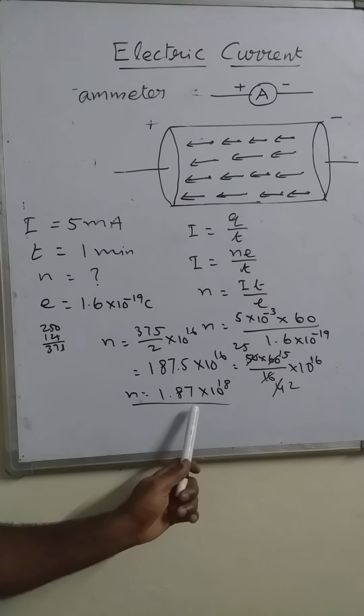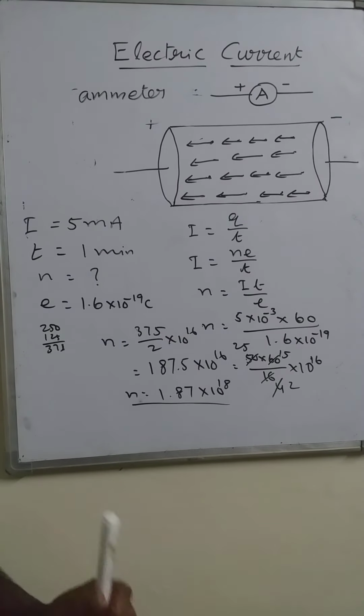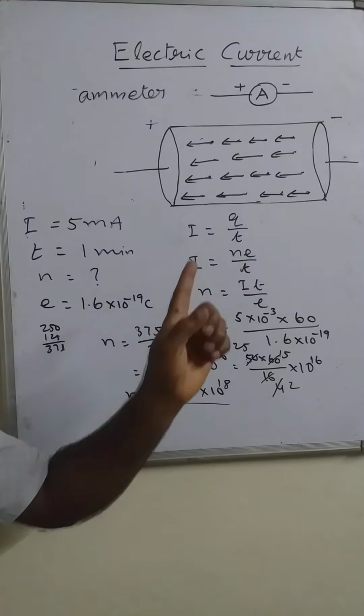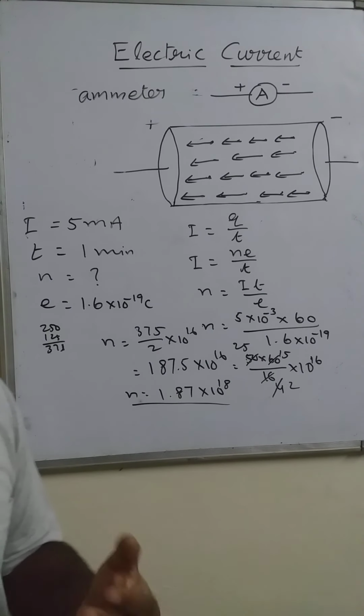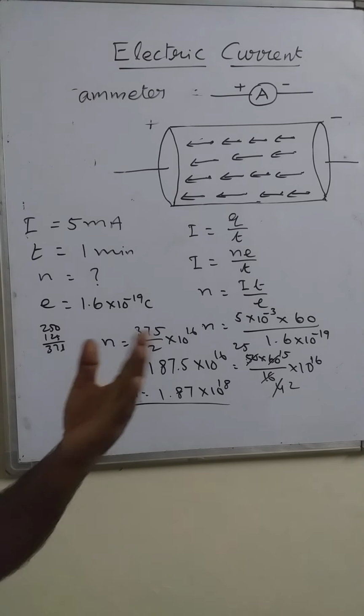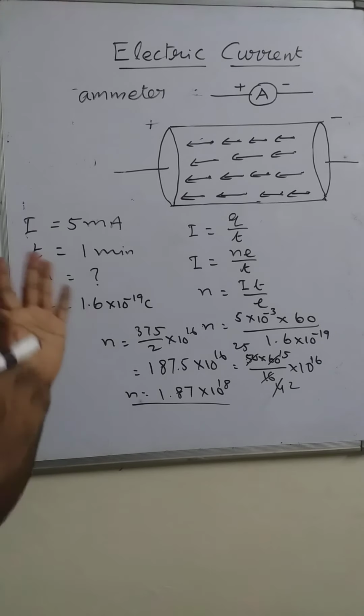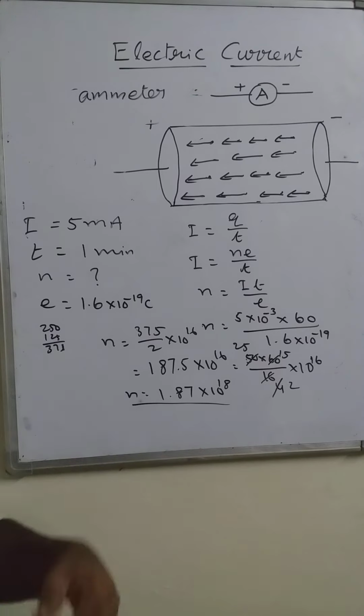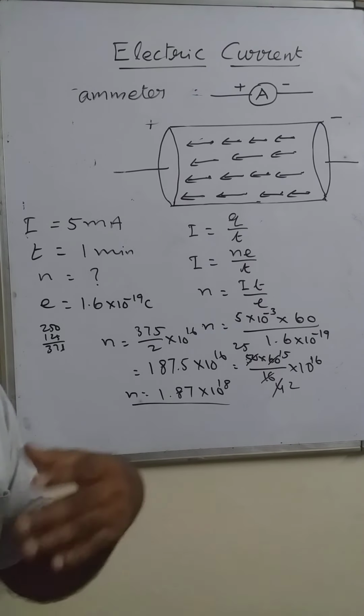This number is very, very large. In this way we can calculate anything if they are given. From all the 4 variables we can calculate any one if the other 3 are given. So this is about the electric current, and the next term we will discuss in the next video.